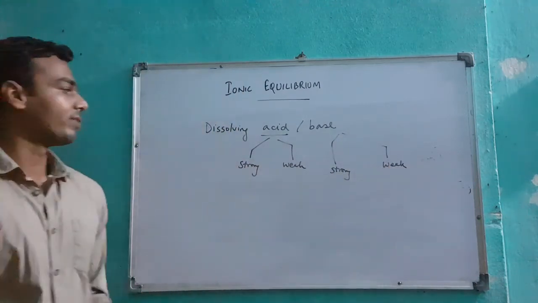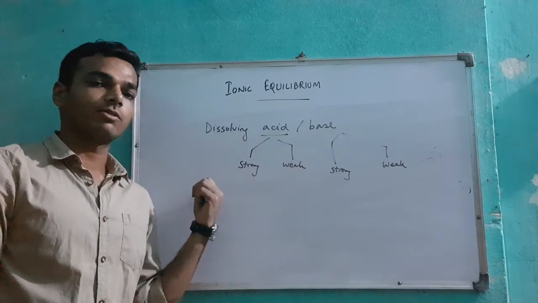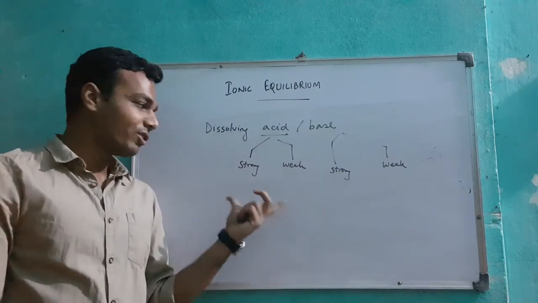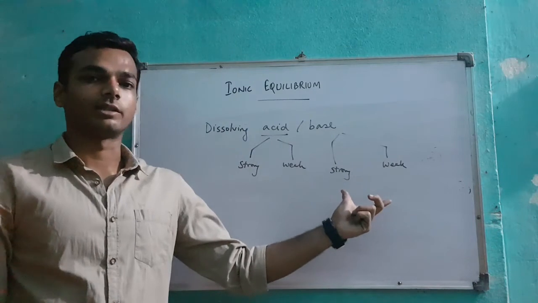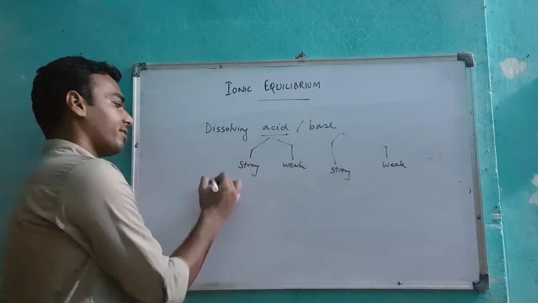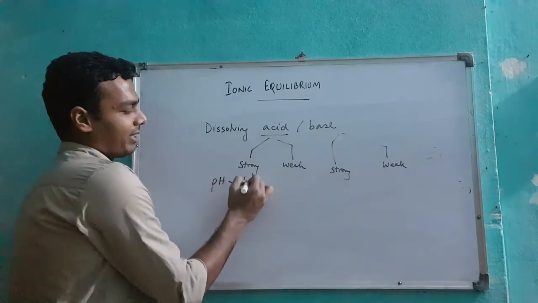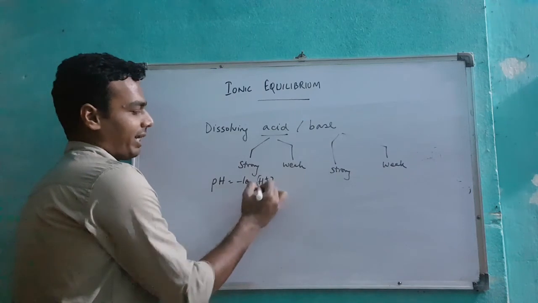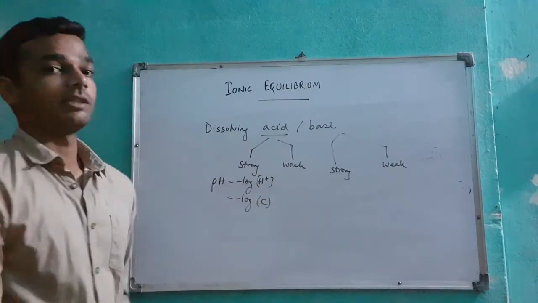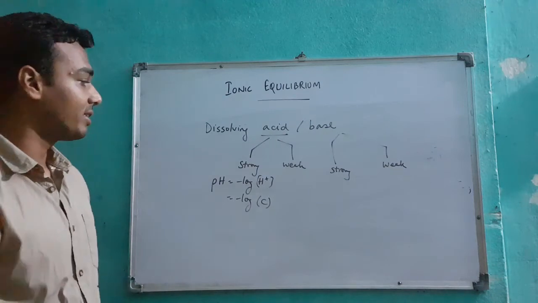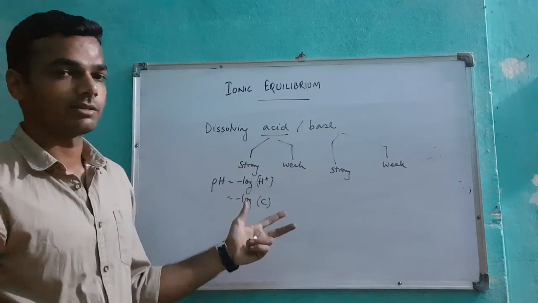I found out that for strong acids, the whole concentration would break into ions. So the amount of molecules that I have taken, you'll find the same amount of H plus being produced on the other side. So I can directly write this pH as minus log of H plus, where H plus value is the C, provided it is a monobasic acid. These are just examples, these are not generalizations.